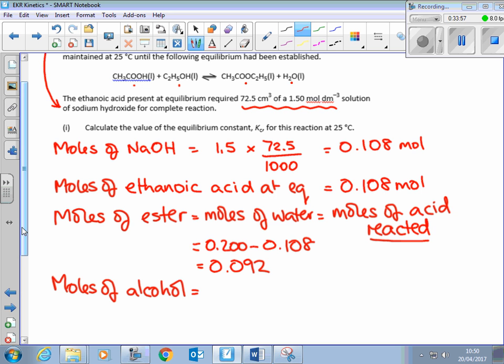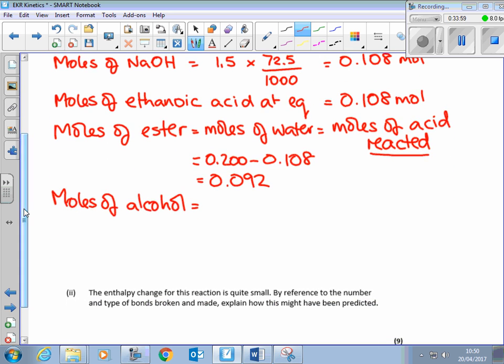My working out on here, I must have got from an answer sheet that went with this. Well, we started with that, yeah? The moles of acid that reacted has got to be the same as the moles of sodium hydroxide that reacted, yeah?